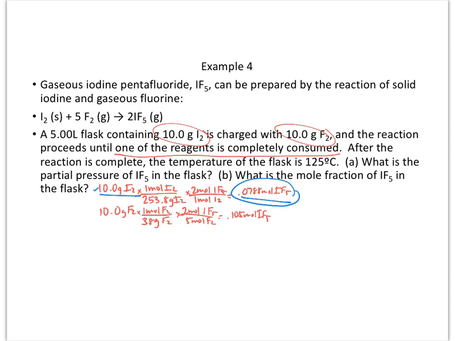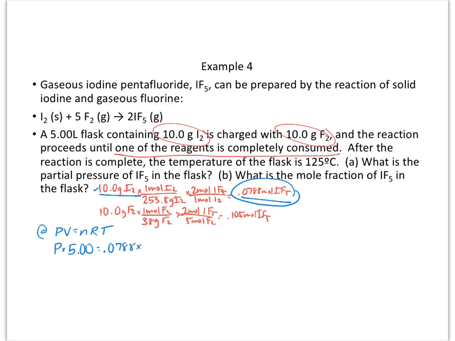So now that I know how many moles of IF5 I can make, I can figure out the pressure of the IF5, which is going to be my answer to part A. What's the partial pressure of the IF5 in the flask? So I know I'm solving for pressure. The volume of the flask is 5 liters. The moles of IF5 is 0.0788.